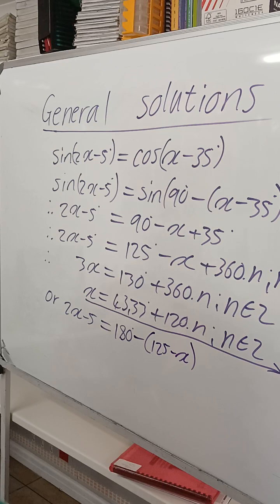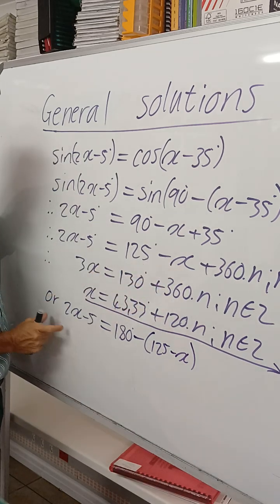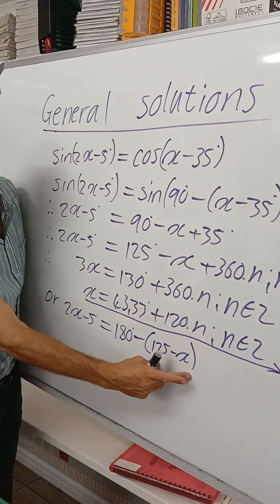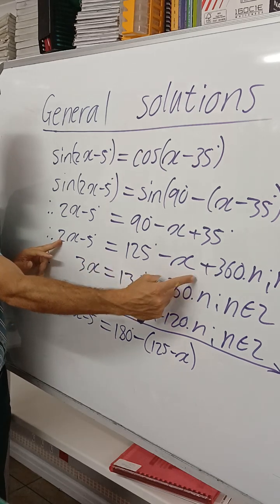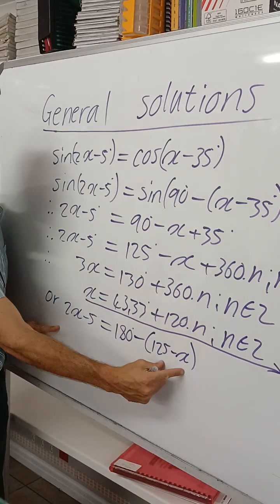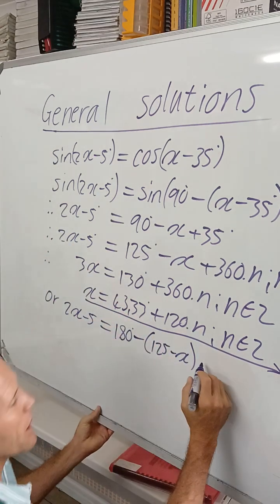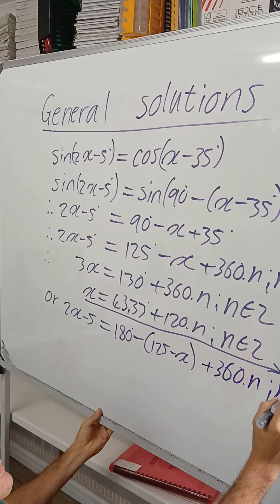Think about it: it's either the angle is equal to the angle, or the angle is equal to 180 minus the other angle. So you start there again with this part, but now 180 minus theta to get it in the second quadrant. And then you just put in the plus 360 times n, n an element of Z.